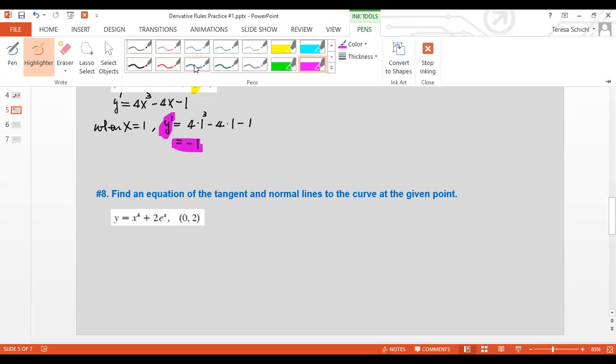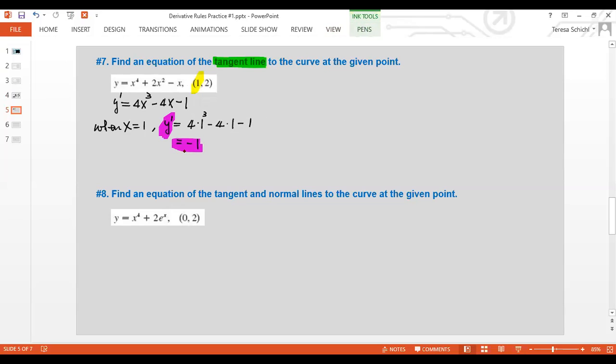We say it's very, very important. This is the slope of the tangent line. Correct? Do you remember that from the previous unit? Okay, so now I have the slope, and I have 1 point.